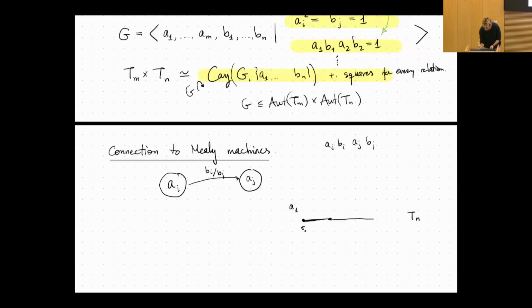So I'll read a word here. So there's some B1, B3, B something, whatever. Okay, and to know where this is sent, I'll just apply the Mealy machine starting at the state A1, and see what the output is. So let me depict it with squares by saying, okay, I'm applying A1. So here I'll get the output corresponding to A1. So it's something, I don't know.